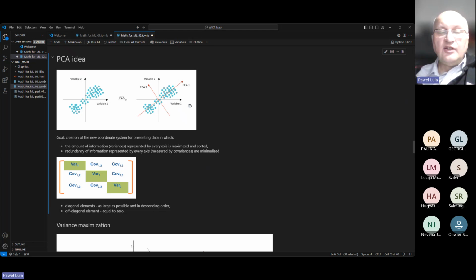But you see that the mathematical background which we use for it is very interesting, and it is very good to know all these elements which work for us when we use principal component analysis.